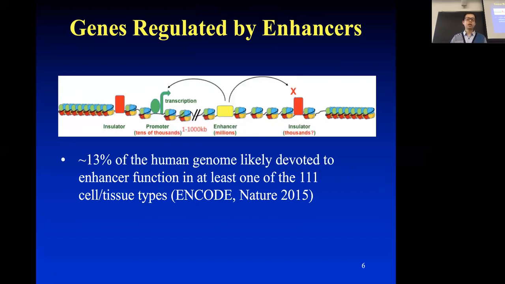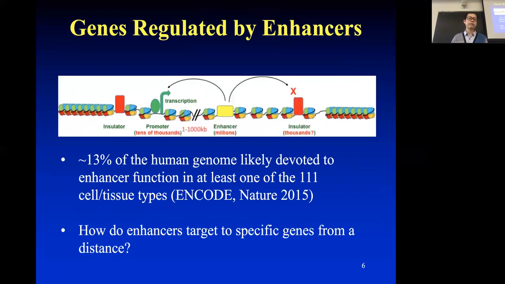Of course, not all enhancers are activated in every case; sometimes they have function, sometimes they don't. So even though the percentage is high, for each specific cell we actually don't have so many functional enhancers. Now after we define the genes and enhancers, the problem is how we can study their interactions.